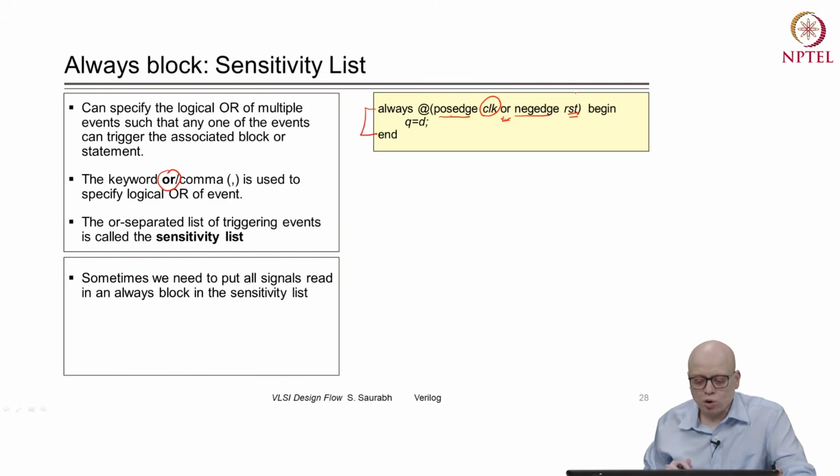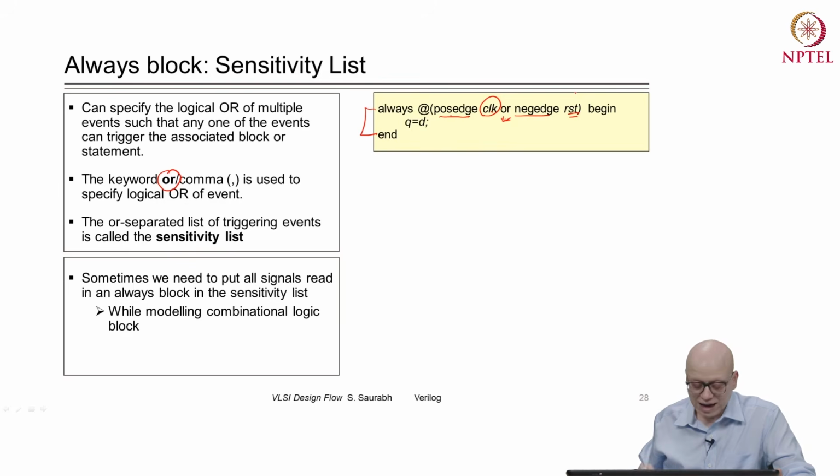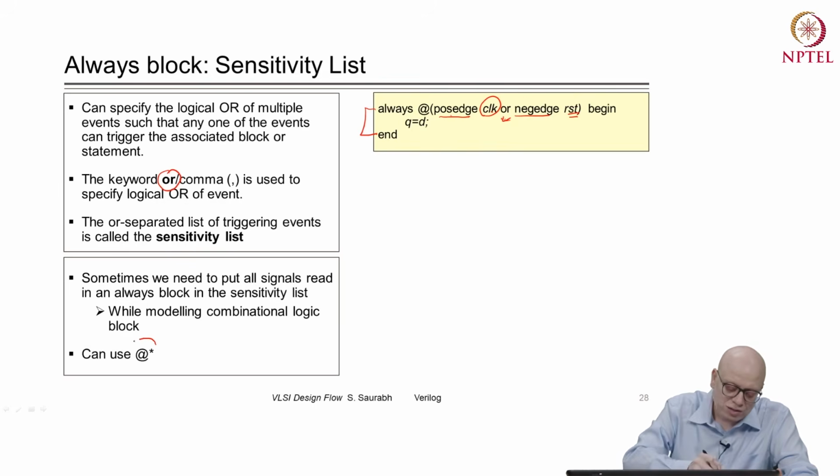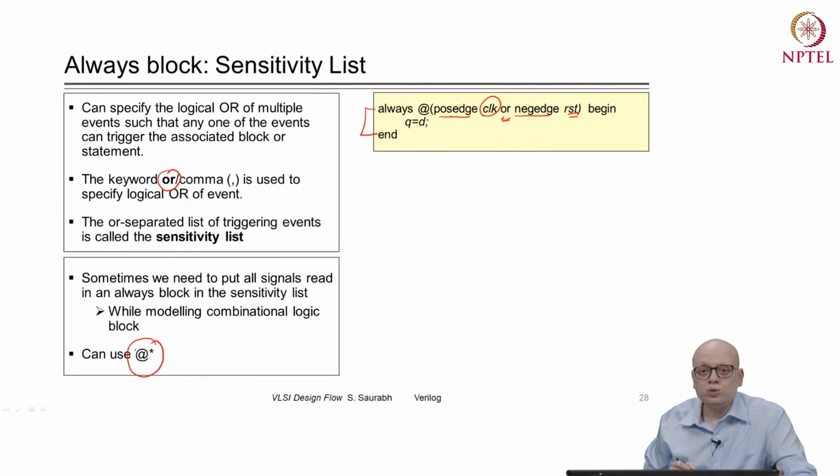Sometimes we need to put all signals read in an always block in the sensitivity list, for example when we are modeling combinational logic. In that case we can use @* to indicate that the block will be triggered whenever there is a change in any of the signals which are read within that always block.